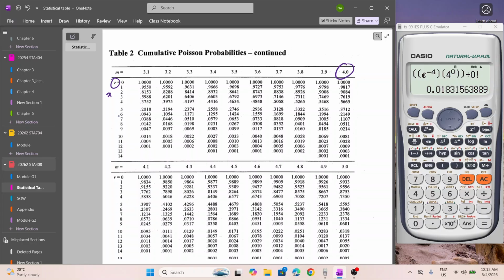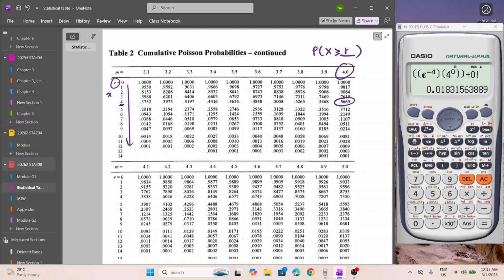And r here is actually the x. We want to find the probability of x greater than or equal to 4, so this is the probability value 0.5665. Remember, all values in the statistical table always refer to the probability of x greater than or equal to any value of r stated here.